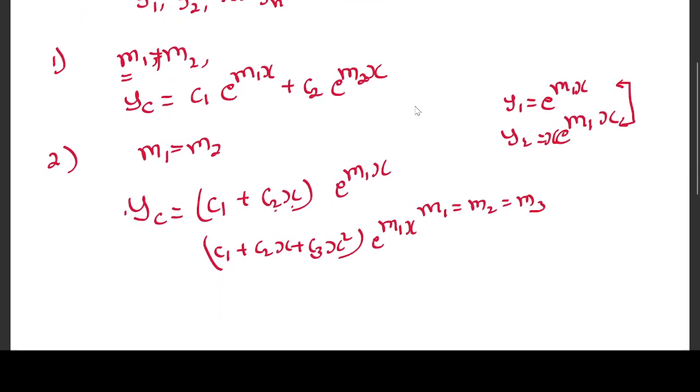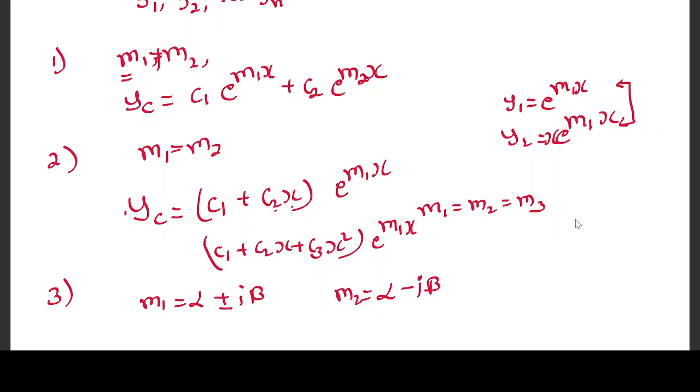Now the third case comes. Suppose one root is alpha plus i beta. We know that for a polynomial with real coefficients, complex roots occur in conjugates. That is, if alpha plus i beta is a root, then we have another root, which we can directly write as alpha minus i beta. That is, alpha plus or minus i beta are roots of the auxiliary equation.